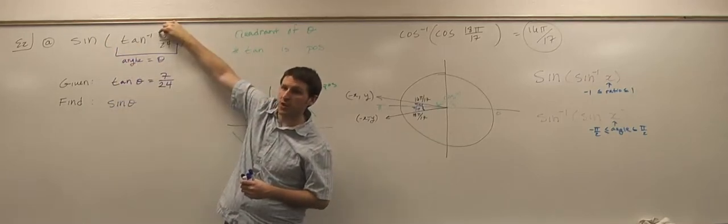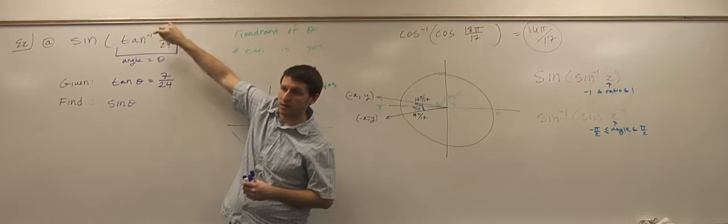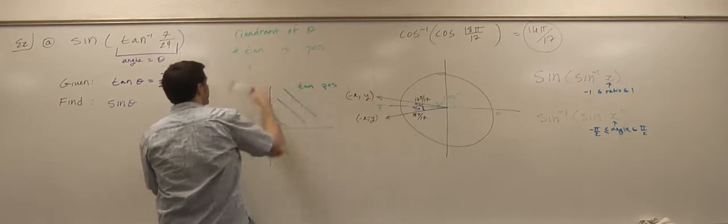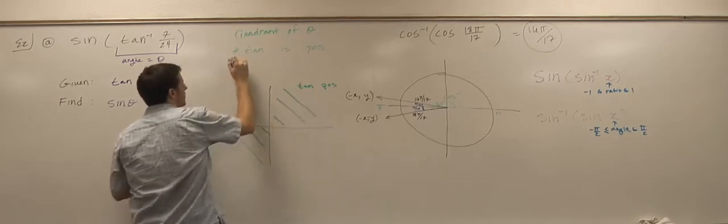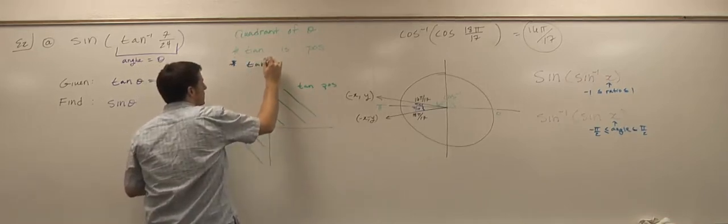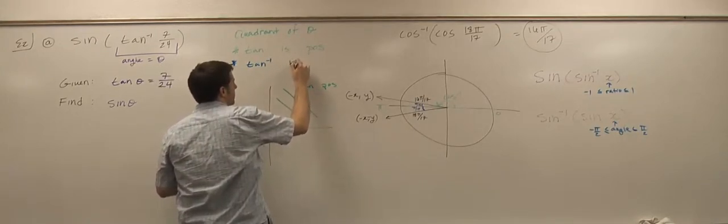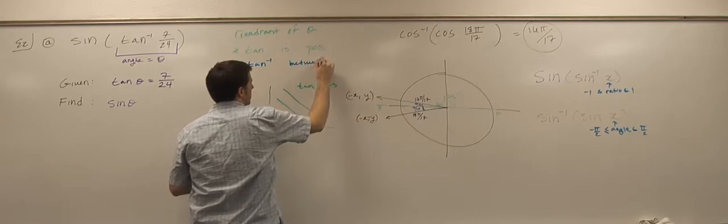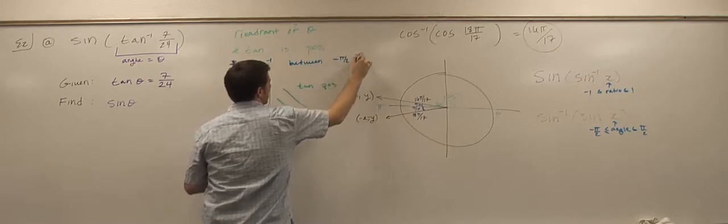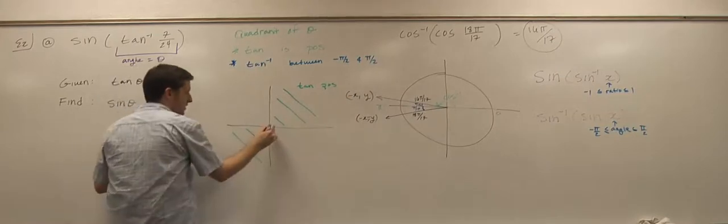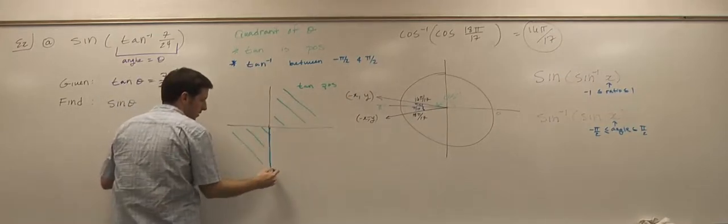What's tan inverse always between? Negative pi over 2 and pi over 2. So the second fact you need for the quadrant of theta is that tan inverse is between negative pi over 2 and pi over 2. So this is negative pi over 2.